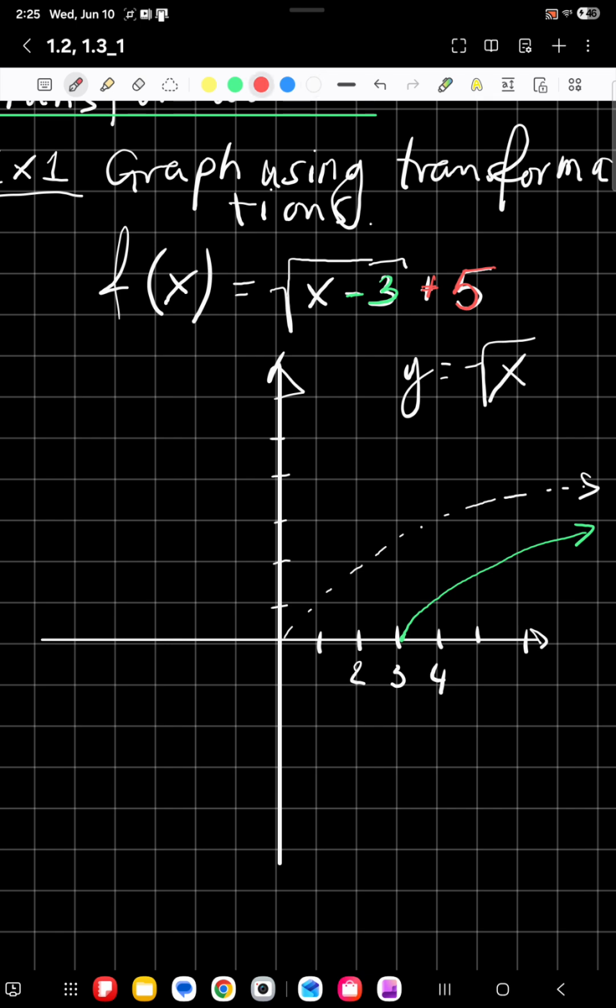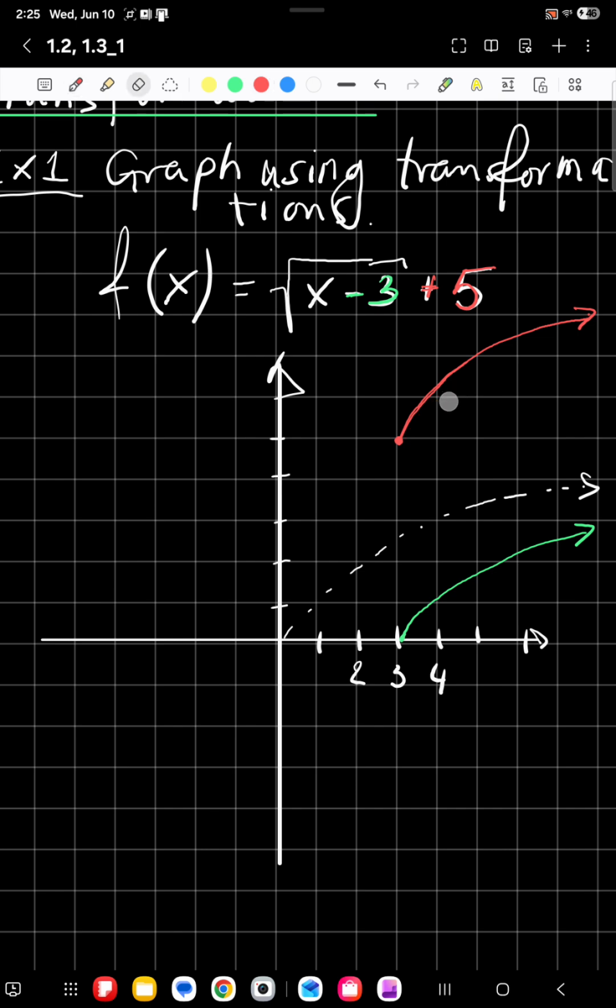So 1, 2, 3, 4, 5. So it needs to go over here, right? So my graph will be the same shape, right? The shape hasn't changed, and here's the graph, right? And that point, right, obviously belongs to the graph.